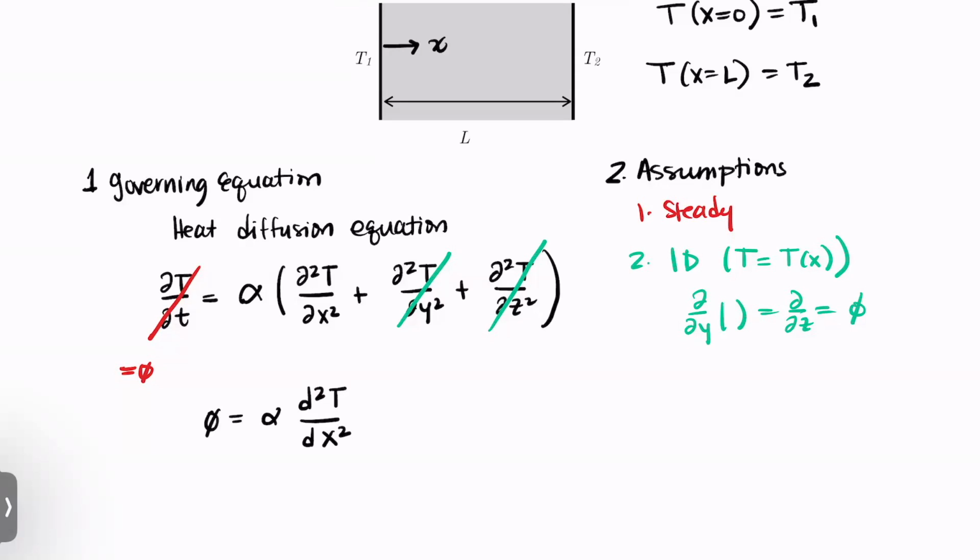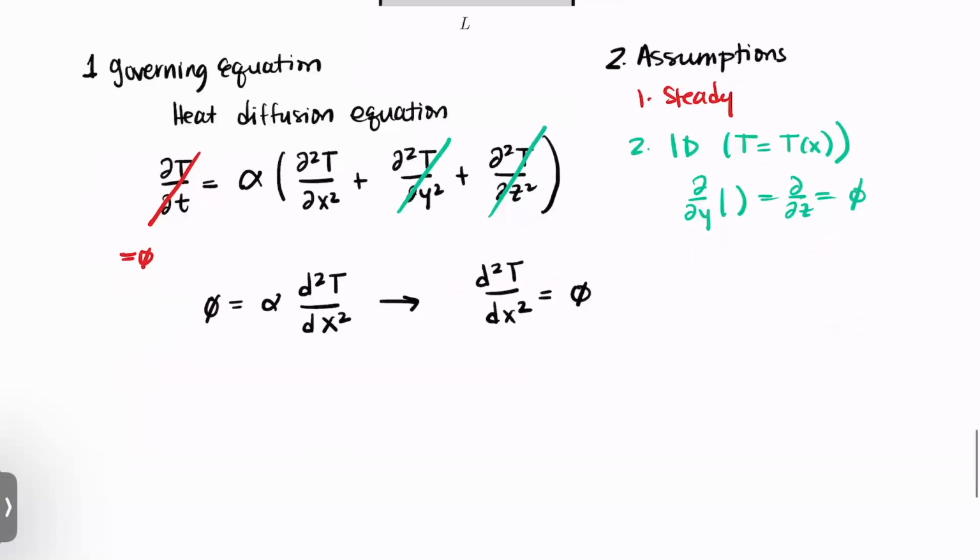I can also divide through by alpha, and so it actually doesn't matter what alpha is. We just have that the second derivative with respect to x is 0. Okay, so I guess 3 is simplify, which we did.